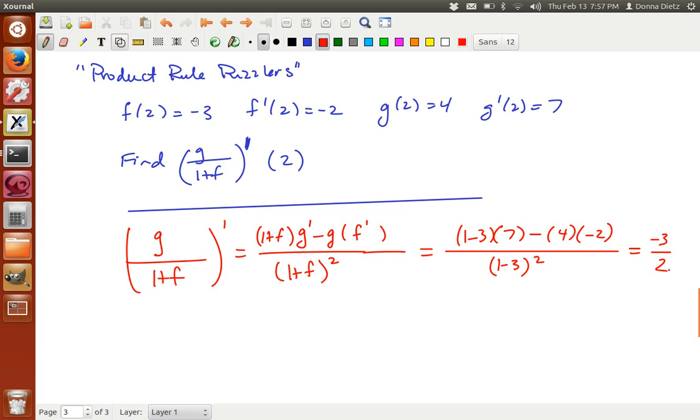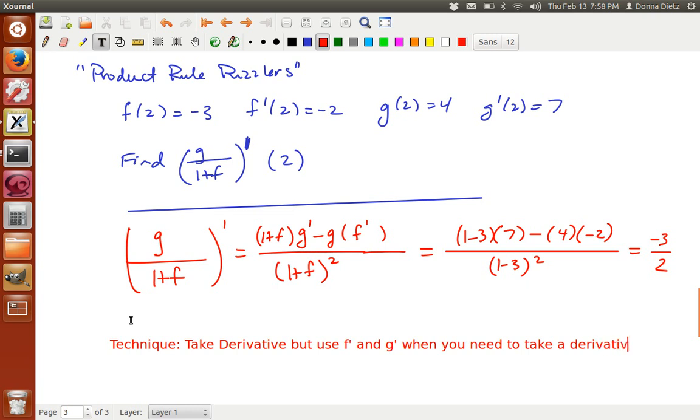So the technique is, so what do you do? I'm going to just type this out so you can read it. Okay, we are going to take the derivative, but use f prime and g prime when you need to take the derivative of f and g.